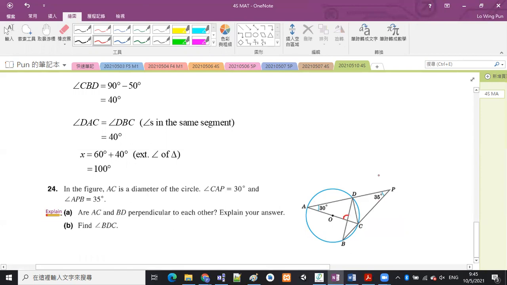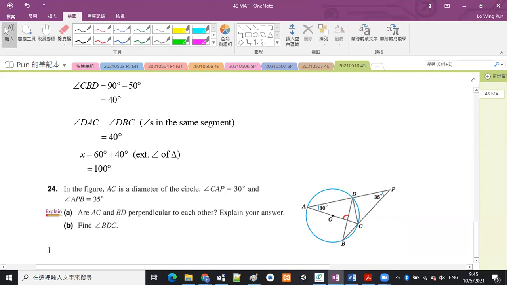Can you get this? Okay, and if this is 90 degrees, then they will be perpendicular to each other. If it is not, then it's not. So let me see. We have a diameter.